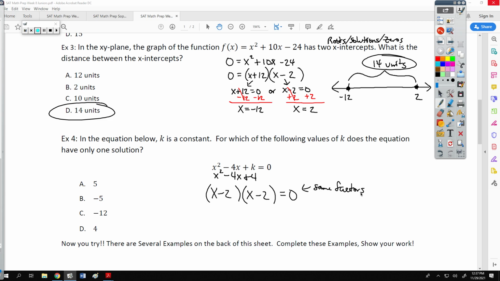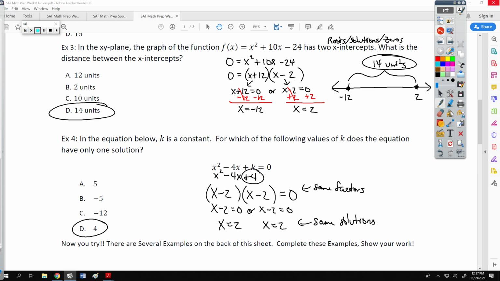Well, if we have the same factors, then when we set them equal to 0, we end up with the same equations, which means we have the same solutions, which means there's only one solution. So the correct answer is k is equal to 4.